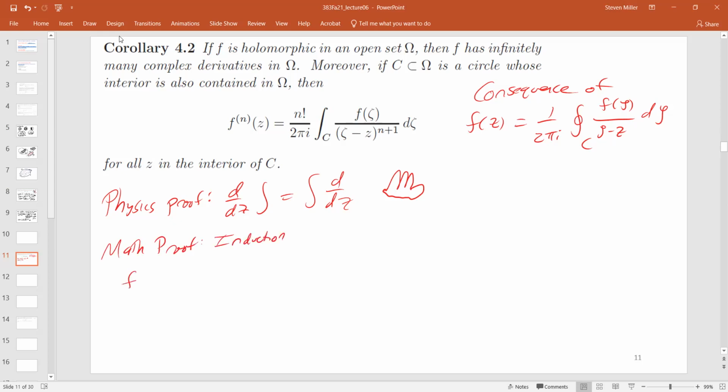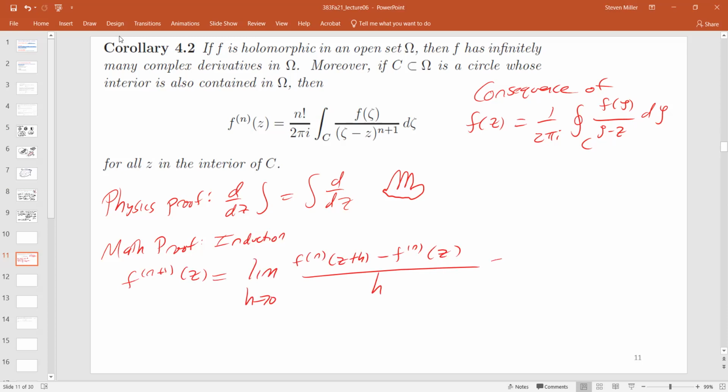And then if we want to look at the n plus first derivative at z, that'd be the limit as h goes to 0 of the nth derivative at z plus h minus the nth derivative at z, over h. And when we look at that, it's going to be some integration. It's not going to be so bad.